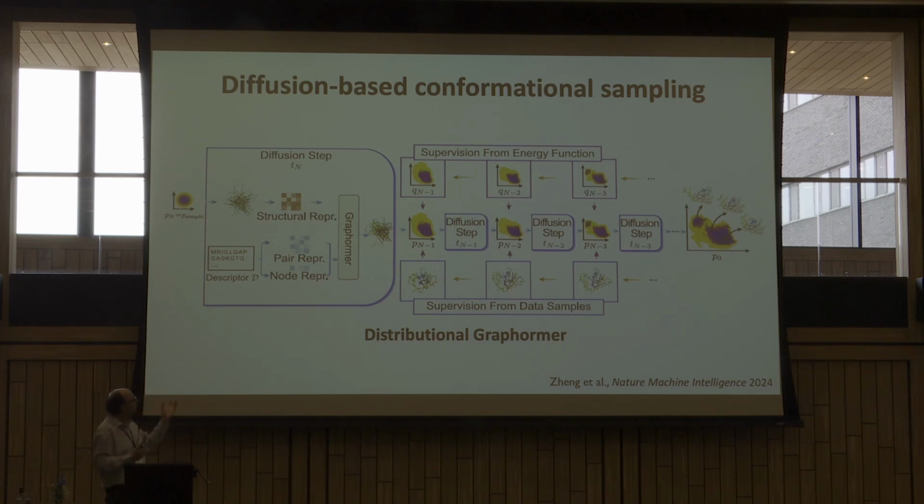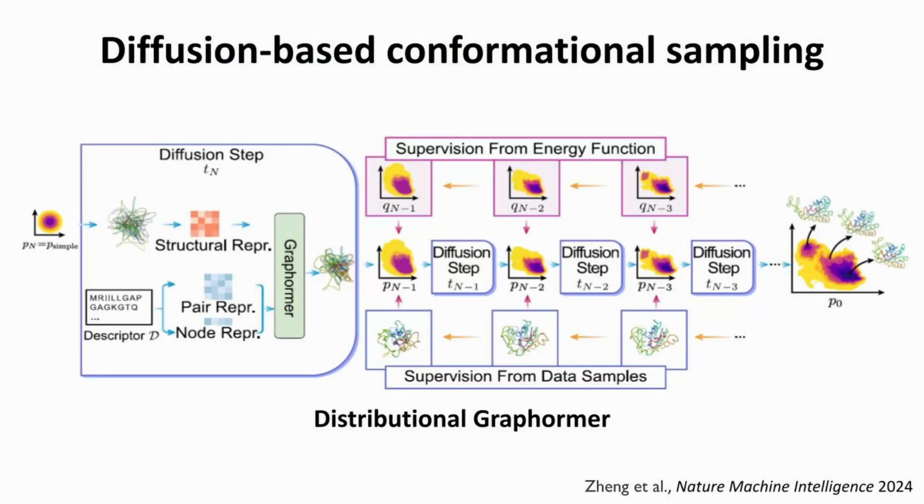So people have taken the representations coming from AlphaFold 2 and conditioned on these latent representations to sample a diffusion process that is trained on either molecular dynamics data or alternate conformations coming from the PDB, with the hope of trying to recover something like a Boltzmann weighted distribution. Again, I think it's the same story. It's a bit spotty. Sometimes it works, sometimes it doesn't work.